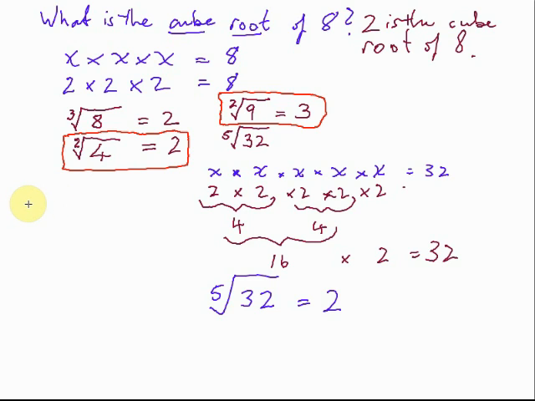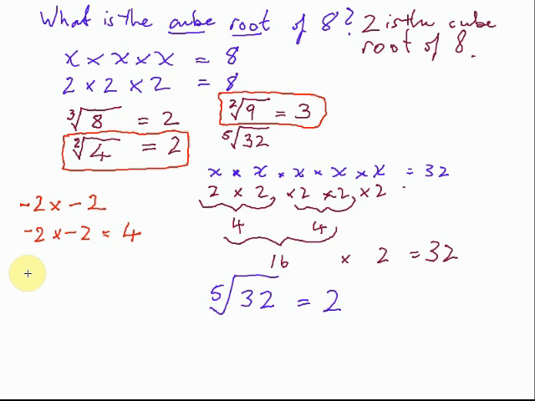But let me just give you a hint. What about negative 2 multiplied by negative 2? What does that equal? I don't know whether you've done multiplication of negative numbers, but in that case the minuses cancel one another out, and it is true that minus 2 multiplied by minus 2 equals positive 4.